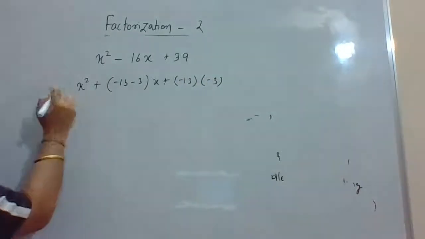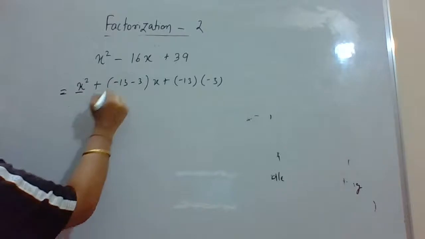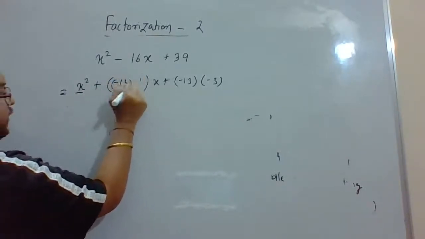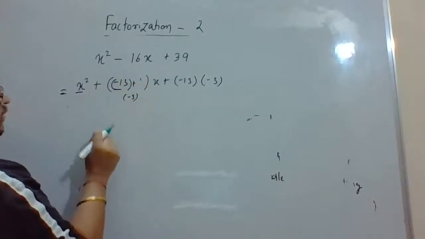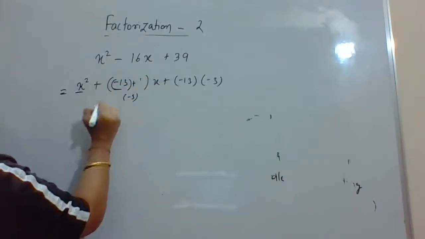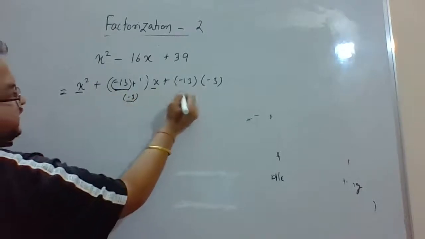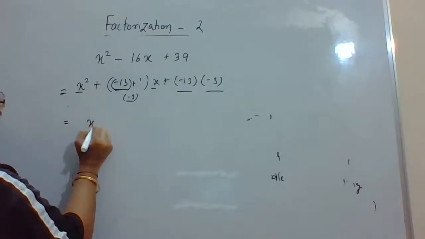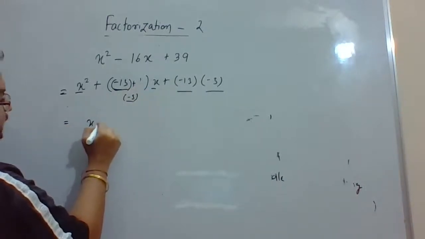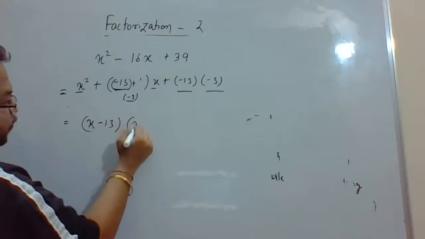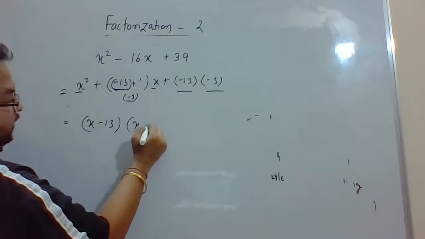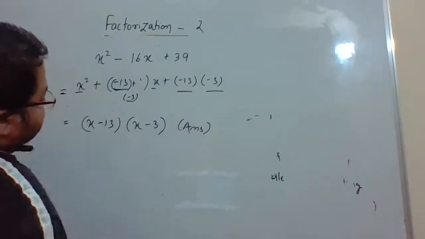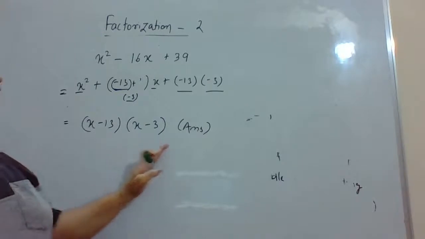So problem solved. x squared plus (a plus b)x plus ab, so the answer is x plus minus 13 into x plus minus 3, and x plus minus 3 is nothing but x minus 3. So the answer is (x minus 13) into (x minus 3).